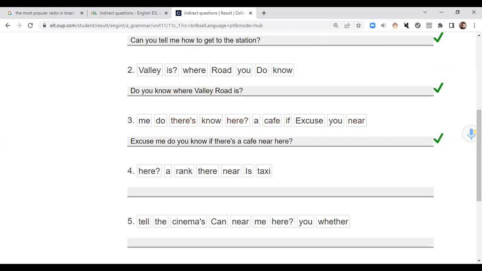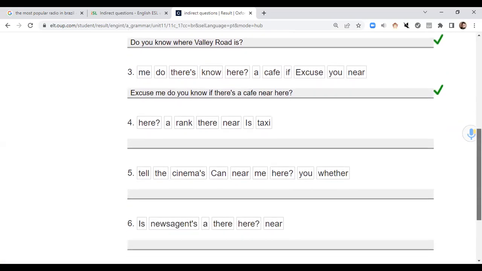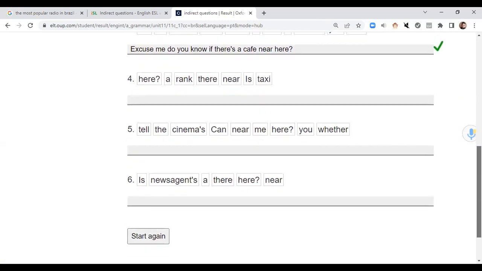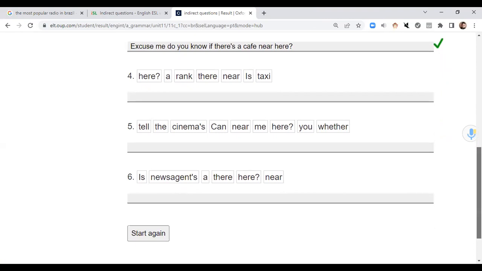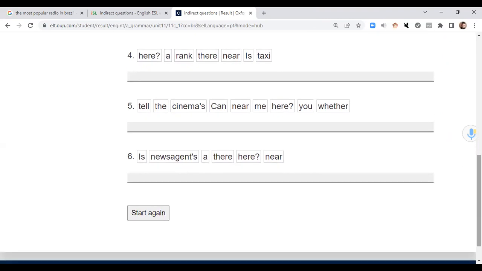How about number 4? What about number 4?